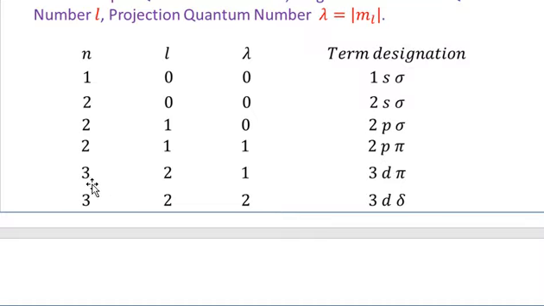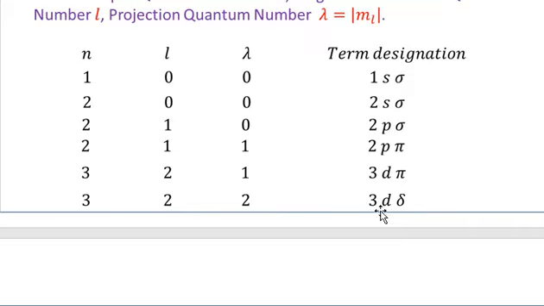And then we have 3 with L equal to 2, lambda equal to 1. The term designation is 3d pi. 3 represents the principal quantum number n, d represents the value of L equal to 2, and pi represents lambda equal to 1. The third and last one we are going to represent is 3, 2, 2, that is n equal to 3, L equal to 2, lambda equal to 2.